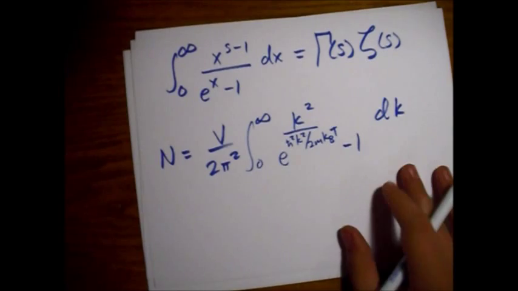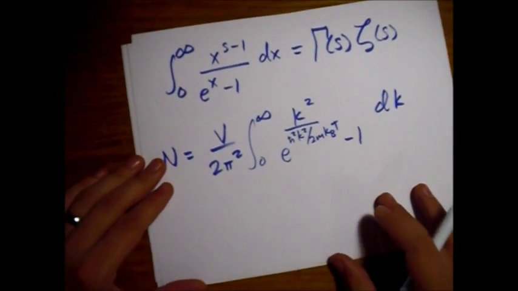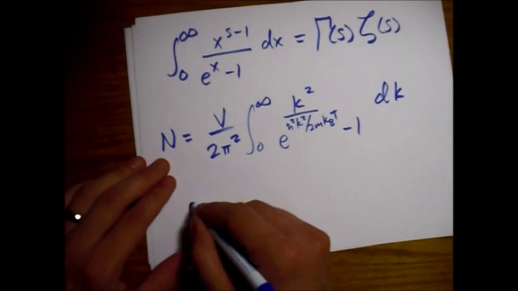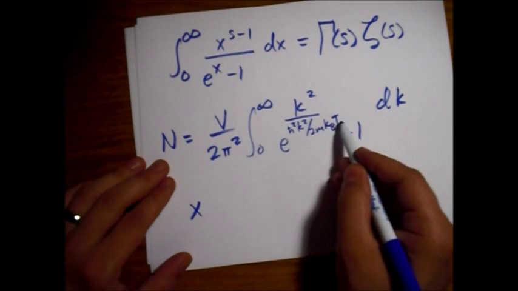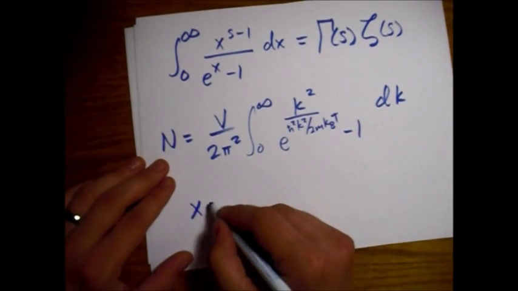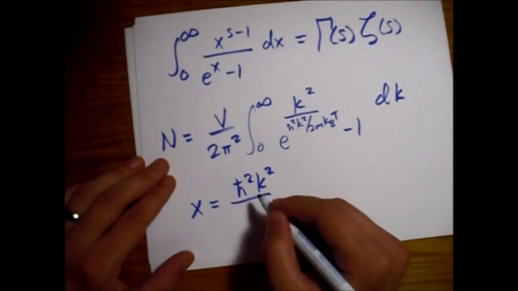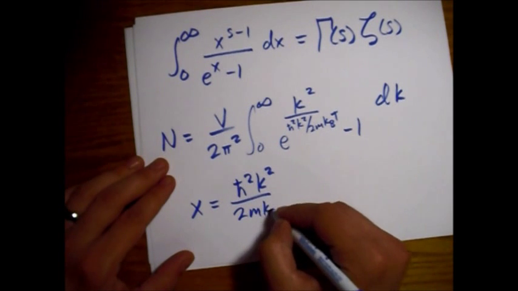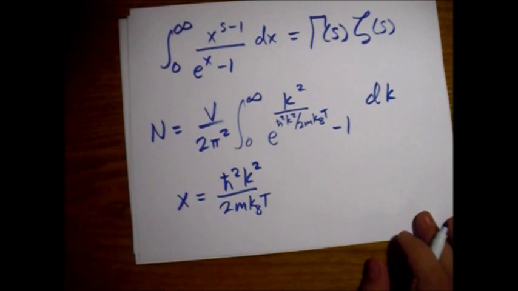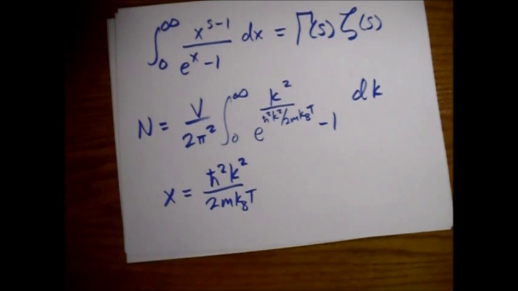So if we want to get this into this form, it's pretty obvious what sort of substitution we need to make. This big lump right here is x: h bar squared k squared over 2m kBT.